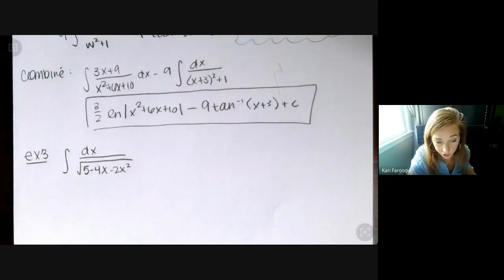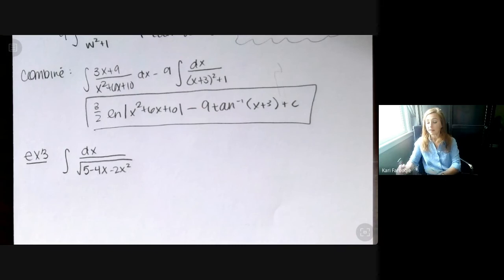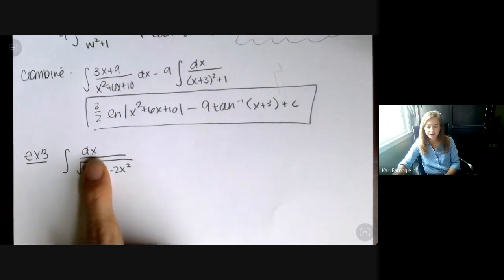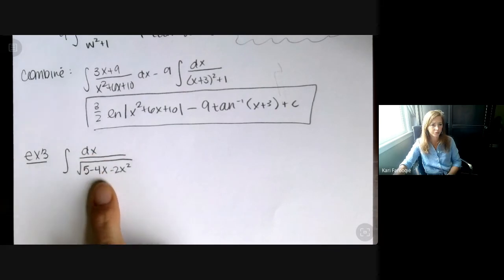I also want you to notice that this one looks like it could potentially match up with more than one form. You definitely are not thinking any sort of u substitution, because if you let u be your radicand, well, du would be negative 4x minus 4. Well, you don't even have an x up there, so that's not going to help you at all.